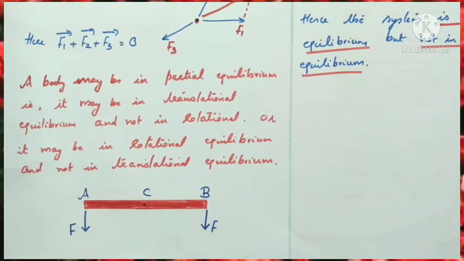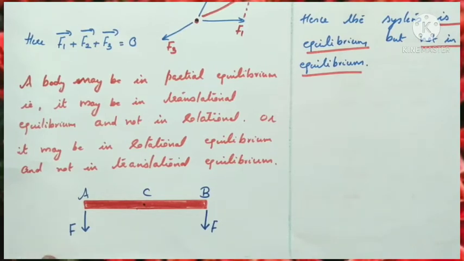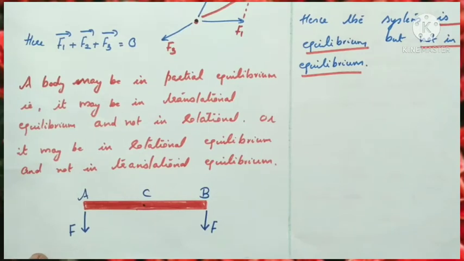So in some cases the object shows the condition for translational equilibrium but not for rotational, or in other cases the rigid body shows the condition for rotational equilibrium but not for translational. Now we can discuss some examples.